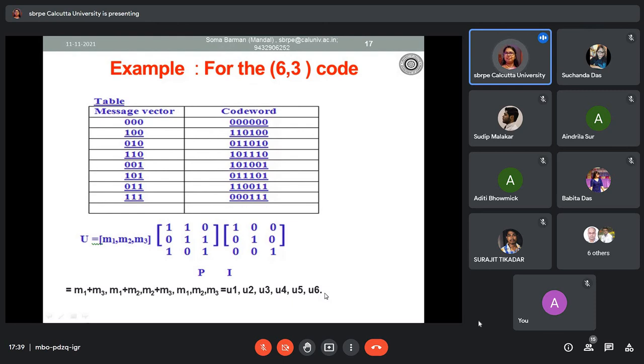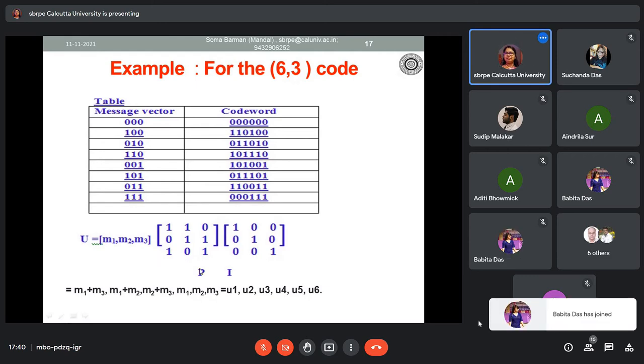See here, 6 here and your message was 3. Out of these 6, the last 3 are the same as the message bits M1, M2, M3. The first U1, U2, U3 are nothing but your parity bits. You are adding 3 redundant bits. This is your original message and this is the parity you are adding.